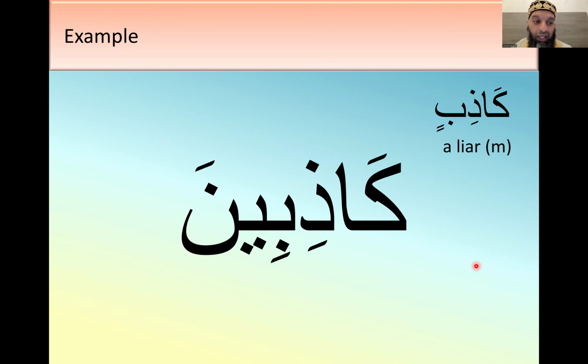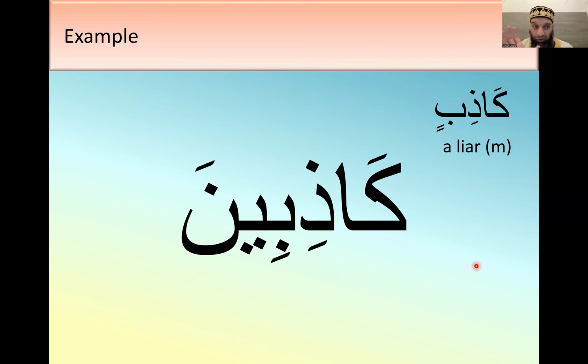Kadhibin, kadhib. What is a kadhib? I don't think this is a word in Urdu, but it's a word in Arabic that means liar. Kadhibin is a liar. Remember I said that the sound plurals are mostly used when talking about animate beings, about people: the truthful people, the disbelievers, the sinners, the liars.